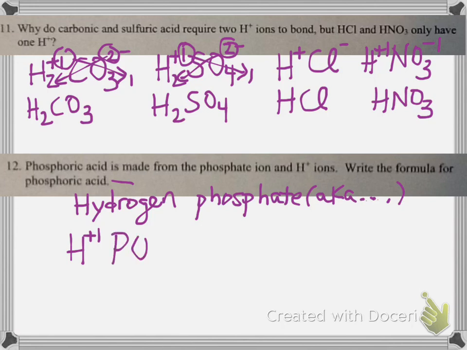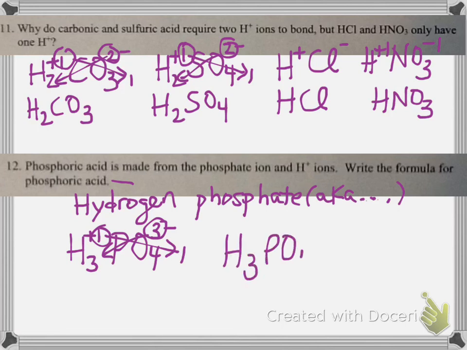Phosphate is PO4 with a charge of -3. I crisscross down. And again, I don't need to write that 1, so it's going to be H3PO4. So H3PO4, 3 hydrogen ions are needed because phosphate has a -3 charge.